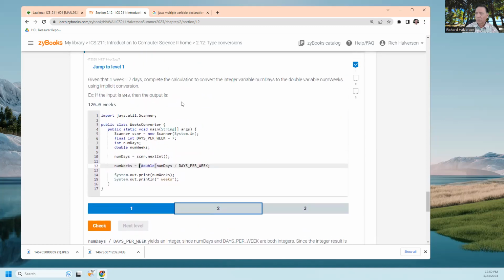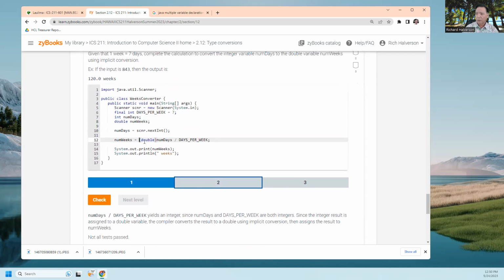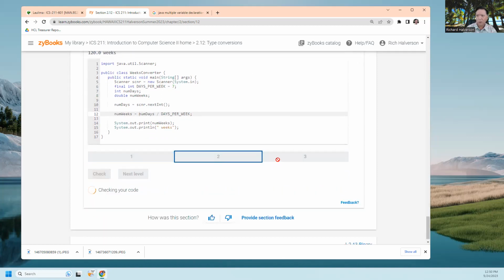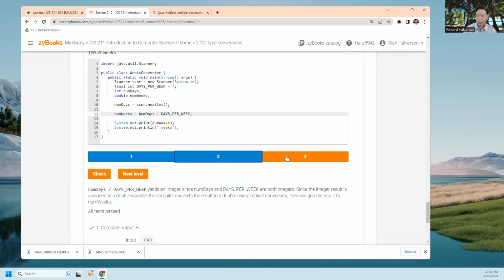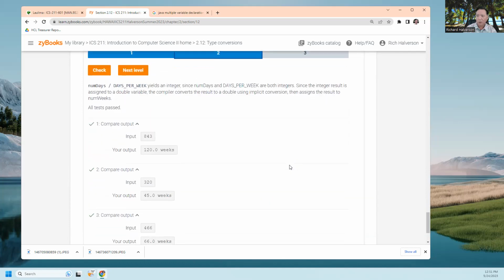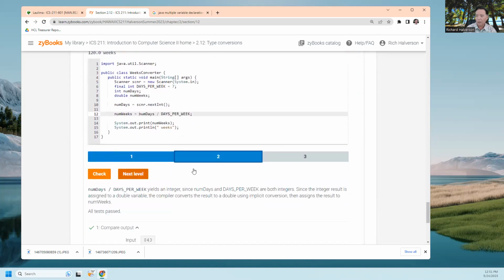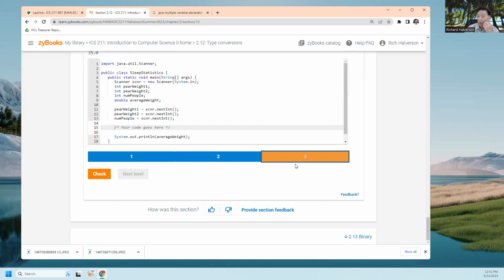Am I reading this wrong? I guess I'm reading this wrong. Maybe I'm supposed to. Let's see what this does. I guess I read it wrong. Okay, all right, what's next? I was going to do something different.